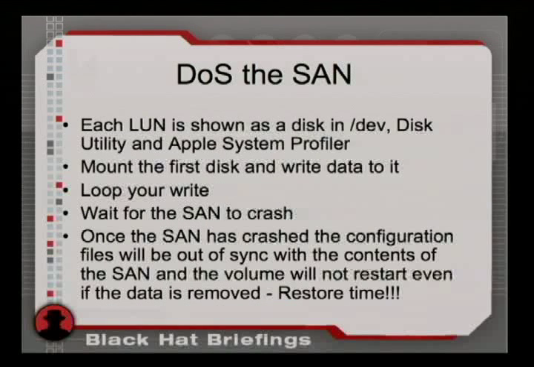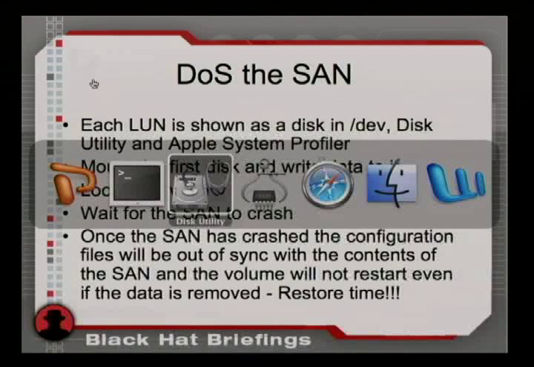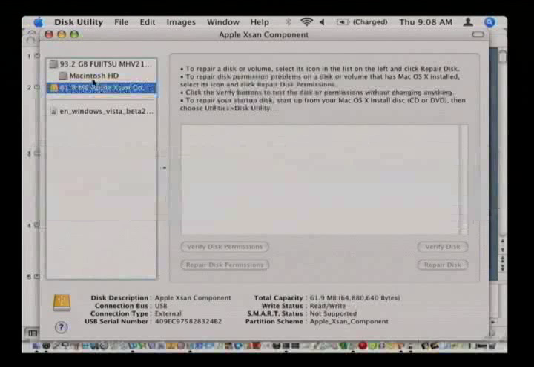All right, so if the metadata LUN is destroyed, then obviously the SAN won't function anymore. Each LUN is shown as a disk in the dev directory. If you don't know which disk each LUN is, you can always look in Apple System Profiler or in Disk Utility.